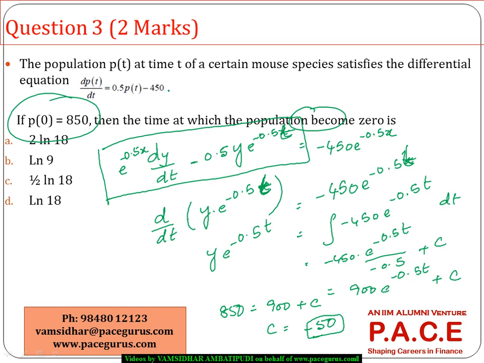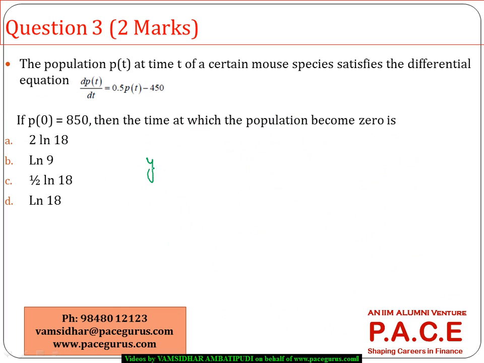Population is nothing but p of t. Why? Where is y becoming 0? So our general equation now is coming out as y into e power minus 0.5 t is equal to 900 e power minus 0.5 t minus 50, which is c.